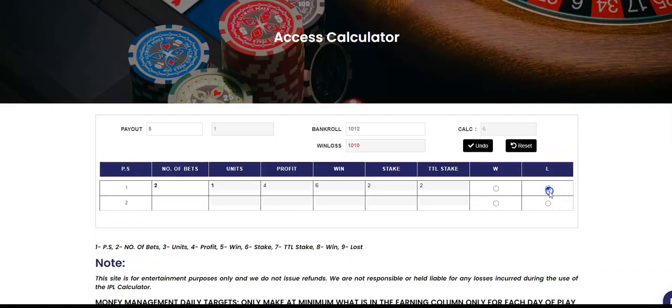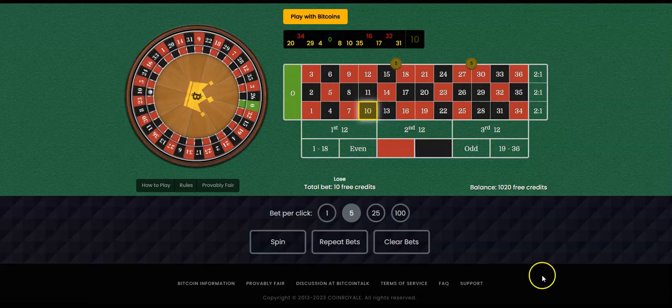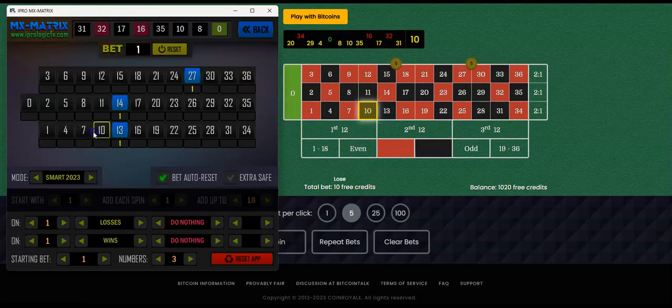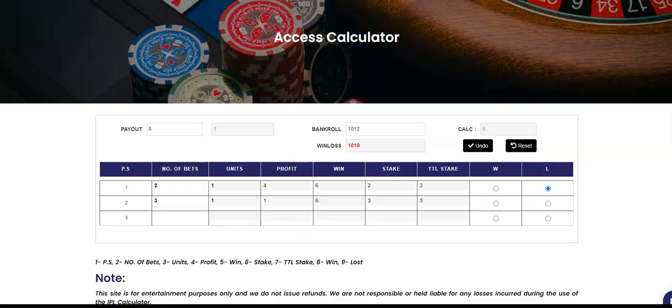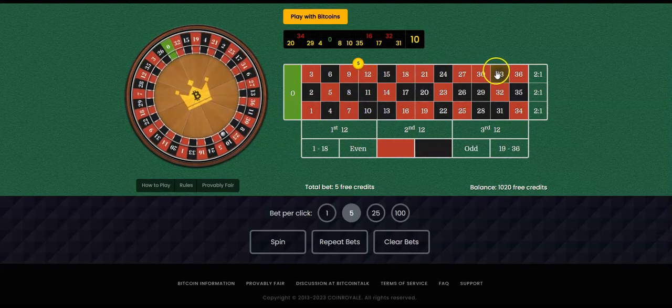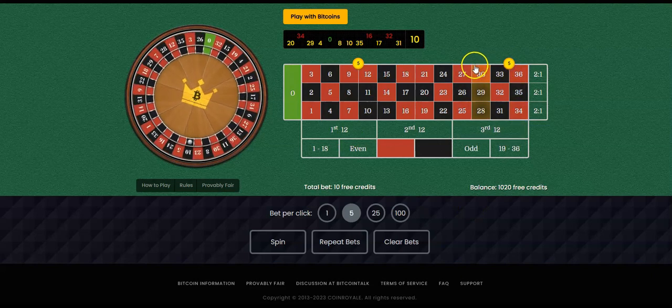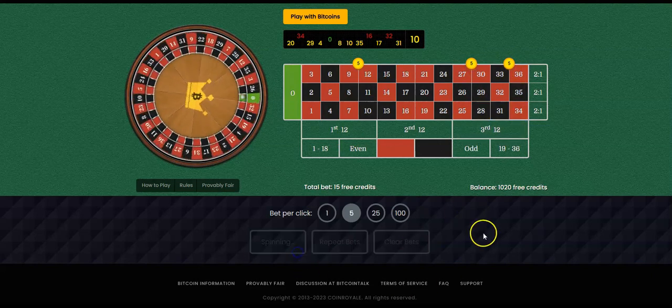So, loss, and more than likely this will be 3. Okay, let's see what happens. Good. So you have 11 and 33. So I'm going to see what this says. This says 1 unit, okay? 11, 33, and 30. Okay, here we go.